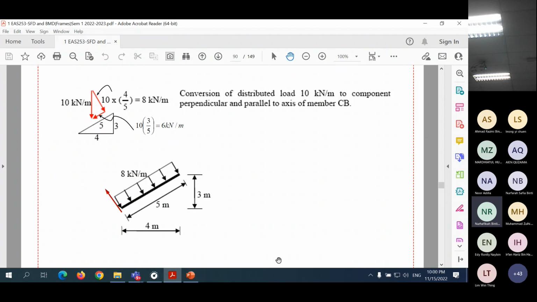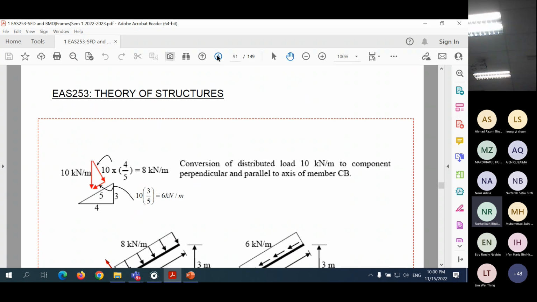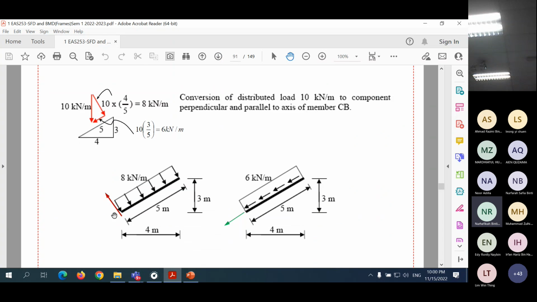This is one thing that we have to take note of. So from 10 kilonewton per meter, which is vertical, we get the component perpendicular to the member, 8 kilonewton per meter, the red color that I showed here, and the one parallel to the member, which is 6 kilonewton per meter, in the direction of the green arrow. The green arrow direction is the direction of the axial force.